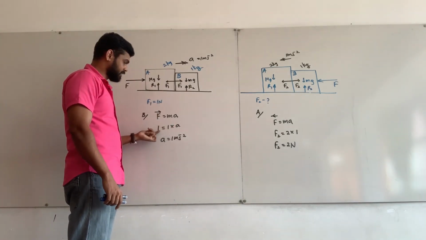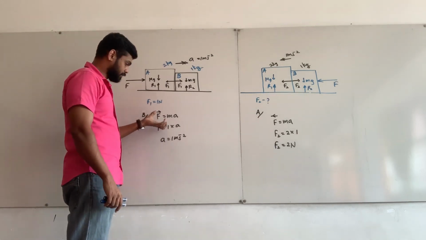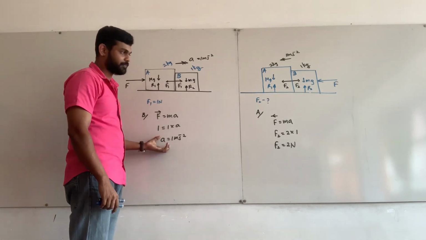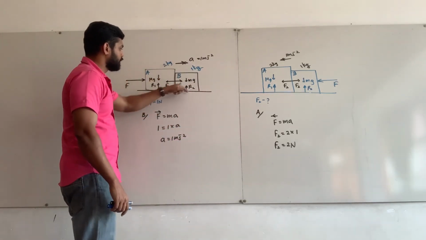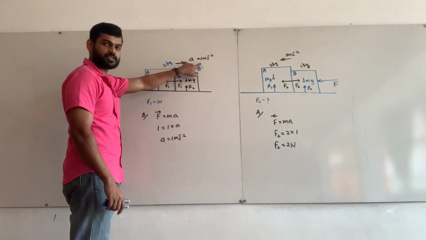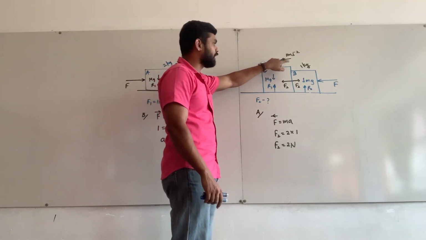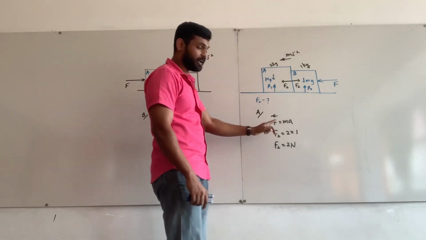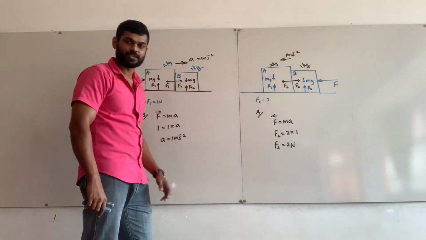If you want to accelerate 1 kilogram at 1 m/s², and if you want to accelerate 2 kilograms again at 1 m/s², you have to apply 2 Newtons. That is the simple logic.